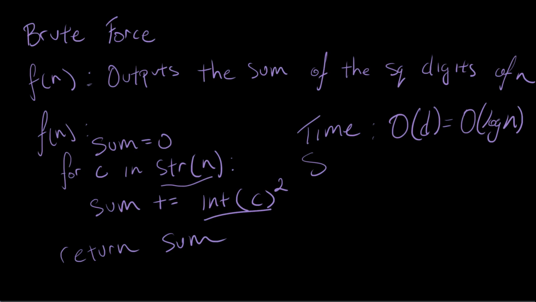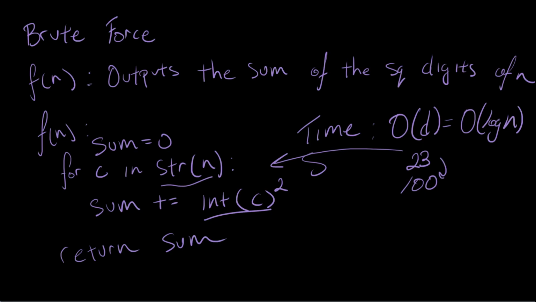Because this digit is base 10, the number has to increase by an order of 10, meaning that if we had the number 23, this would take 2 iterations. It would make this for loop run twice. In order to make it run 3 times, we would have to go up to like 100.